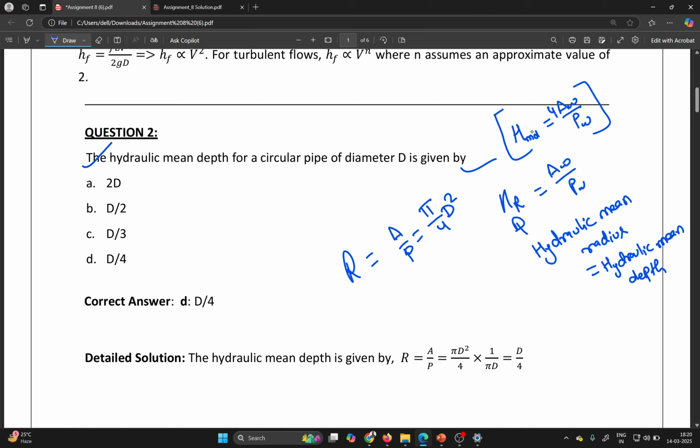But hydraulic diameter is different, 4 AW by P, remember. So A by P, pi by 4 d square divided by the perimeter, which is pi d, you will get d by 4. The correct answer is D.